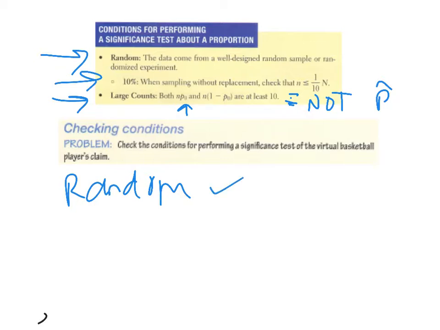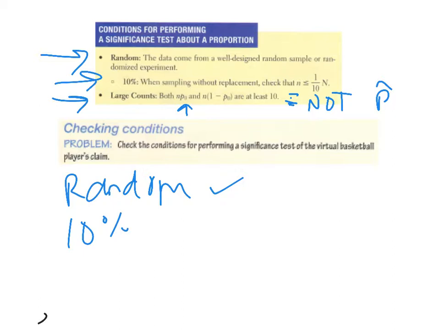They were generated as a simple random sample, so we're covered there. Then we would need to check our 10% condition. We are not actually sampling without replacement. There are an infinite number of shots that the computer could take, so we don't even need to check that.